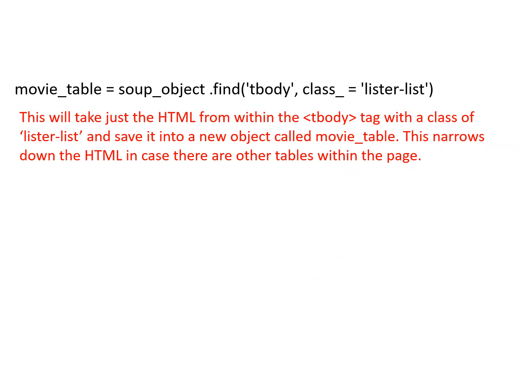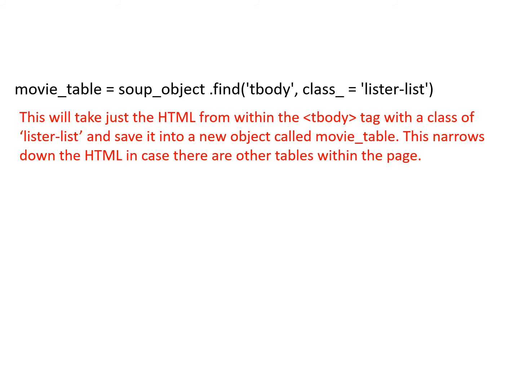Okay, so this first one is what we're going to do to limit and only look at what's in that tbody tag with that particular class of lister-list. On the right side of the equal sign, we're starting with that soup object that we already assigned, and we say soup object dot find, which is a function within BeautifulSoup that we can use.